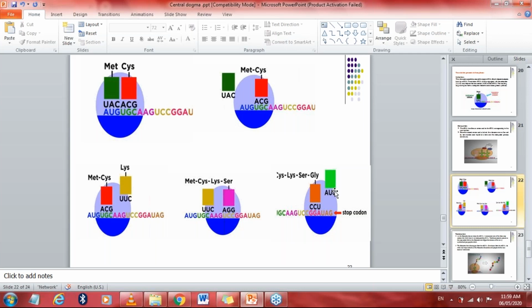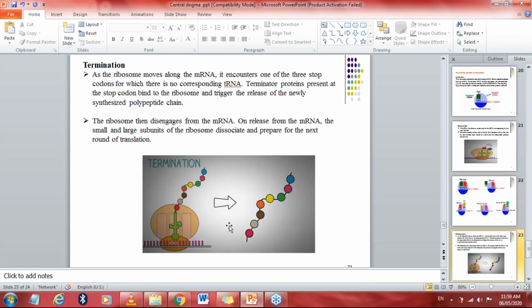It will understand that now we have to stop bringing amino acids. So the termination will occur. It means the new peptide chain is already made, and now this tRNA will exit through this site, and this peptide will be eliminated from that ribosome.